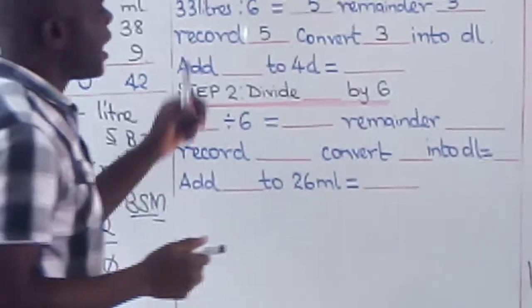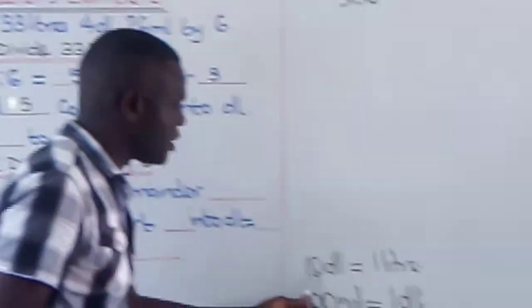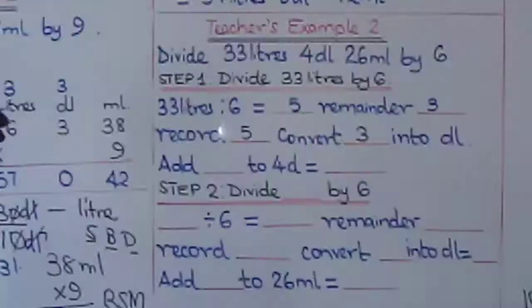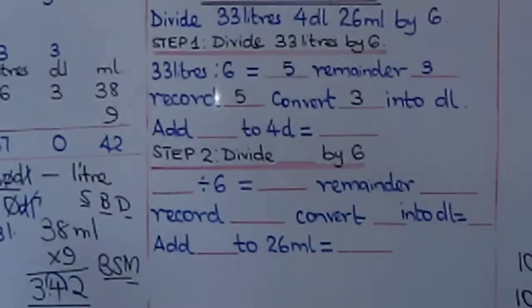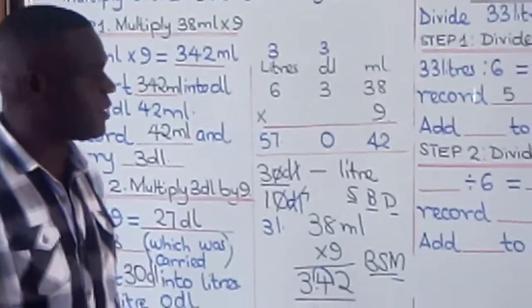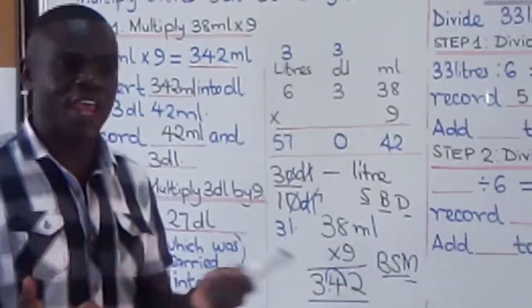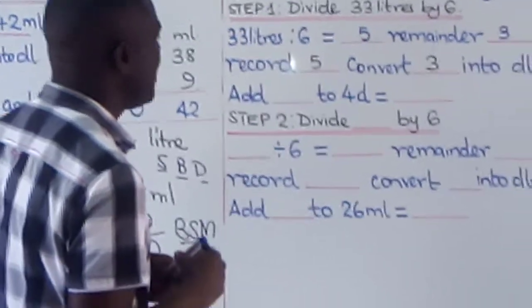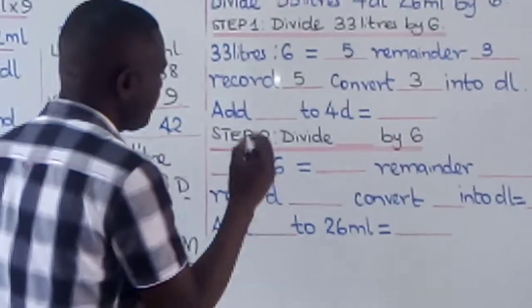So from liters to deciliters, multiply by 10. So 3 multiplied by 10. Shane, 3 multiplied by 10, please tell me the answer. Very good. It is 30. And so it's 30 deciliters.